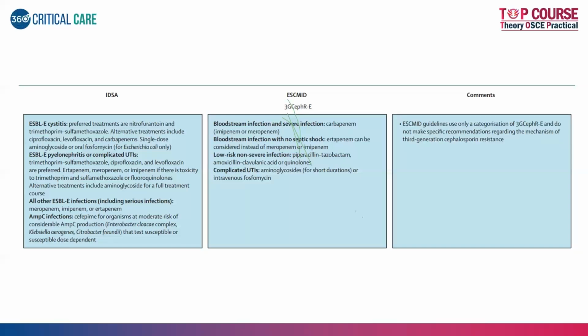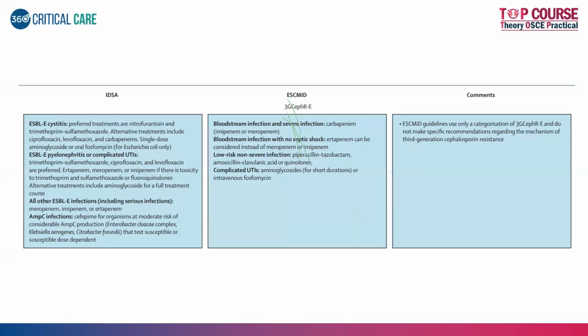If there is one take-home point from ESBLs, divide it into two major things. One is severe infections, especially bloodstream infection, where the drug of choice is carbapenems. The other group is UTI or pyelonephritis.